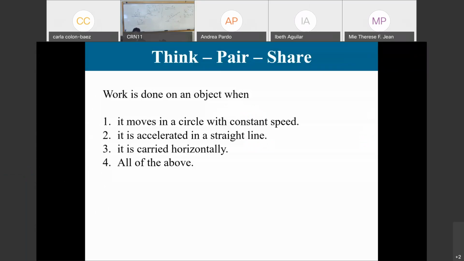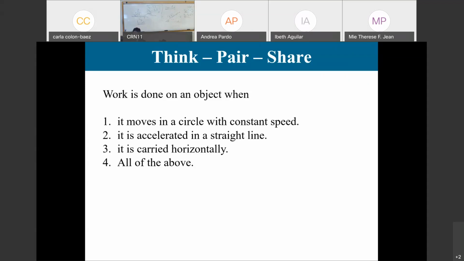It moves in a circle, is accelerated in a straight line, is carried horizontally, all of the above. What do you think? I will say 4 because for all of them there is movement. Yeah, but what did I say about carrying? When you carry something, is that work? No, no.